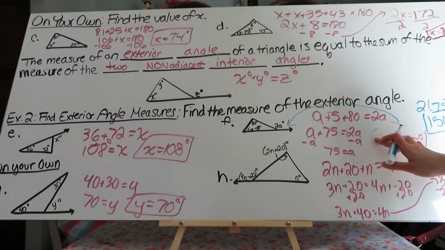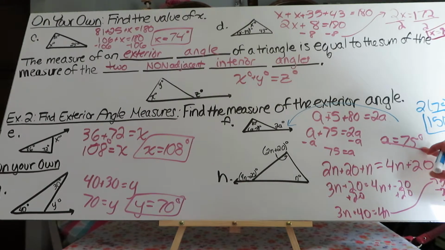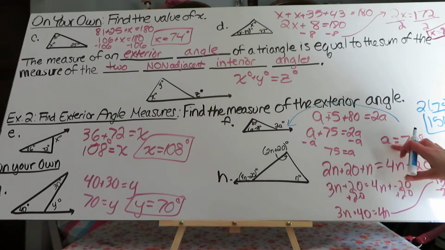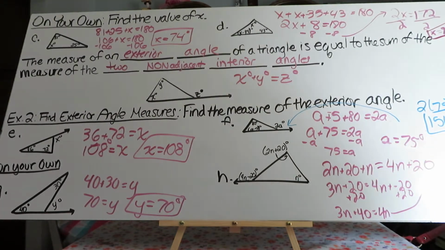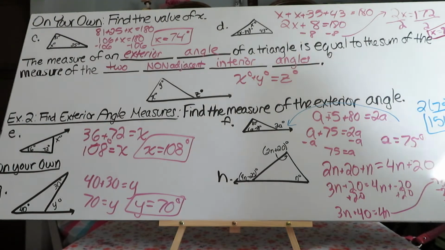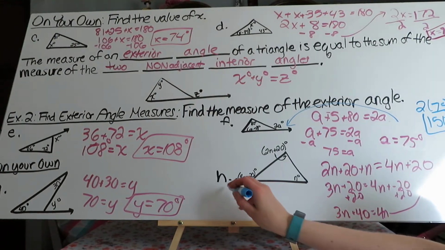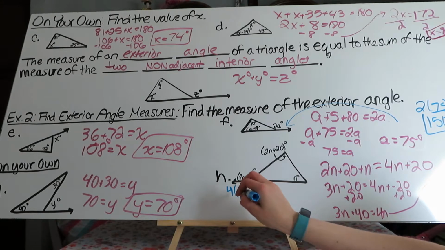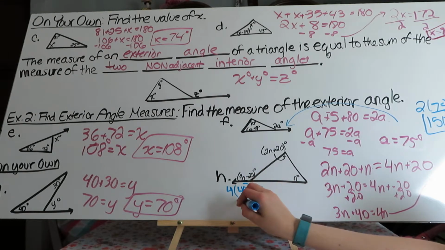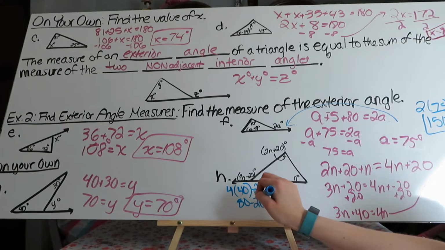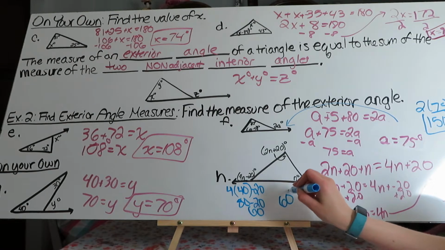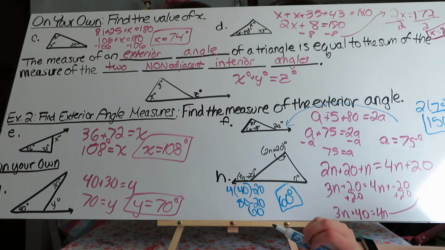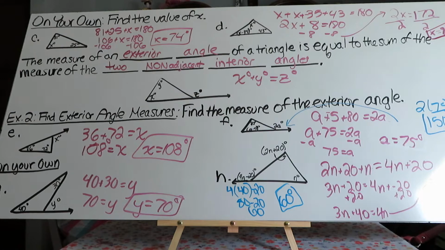So that's something to be cautious about when you're doing your test with this. All right, then for letter H, we want to plug this into our equation. So we're going to do 4 times 40 minus 20. So 80 minus 20, 60. So that is 60 degrees as our answer. Sometimes you're going to have more steps to do.